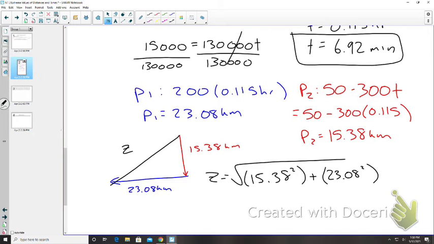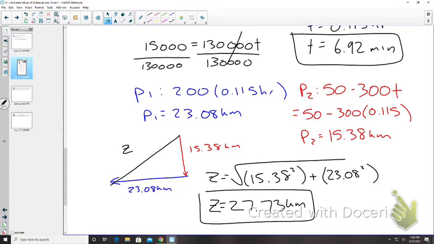Okay, punch those into your calculator and we'll get a z value of 27.73 kilometers. Okay, so we know after 6.92 minutes of flying that these two planes are going to be 27.73 kilometers in separation. And this is the shortest distance between those two planes as they are flying.